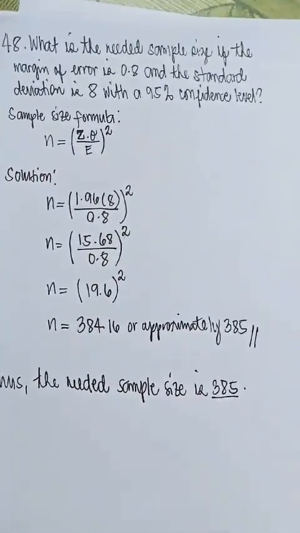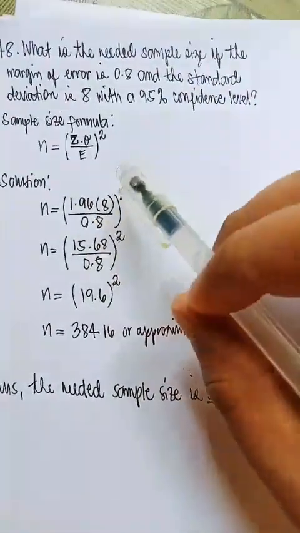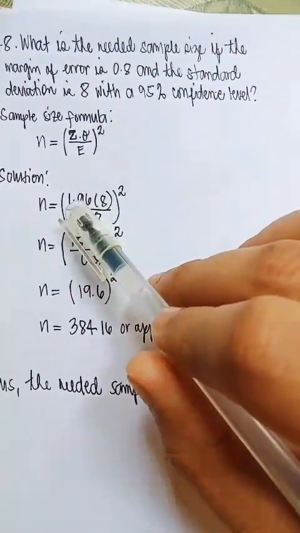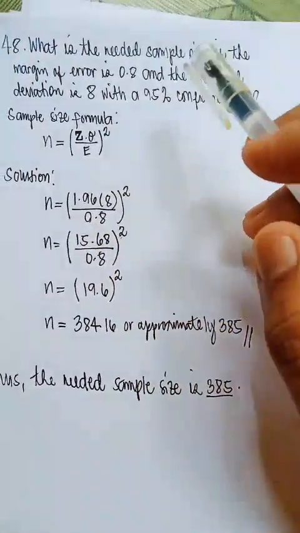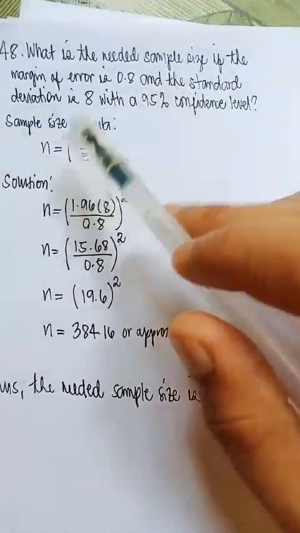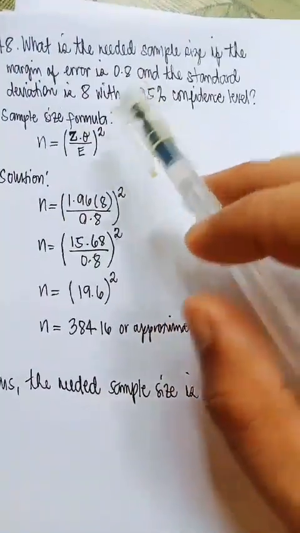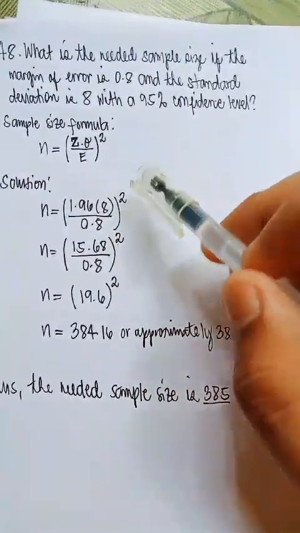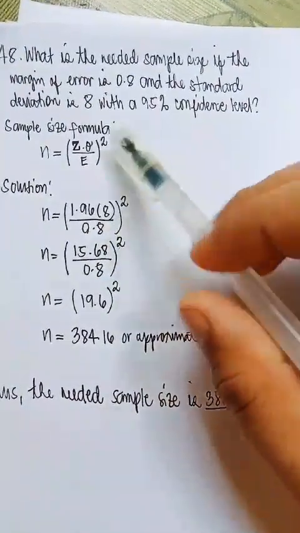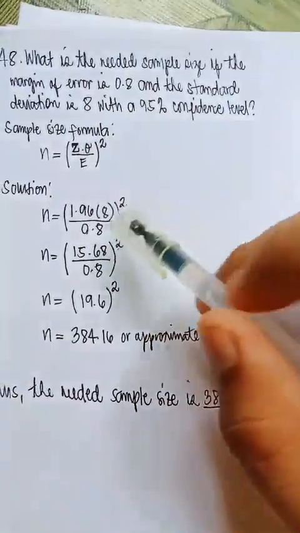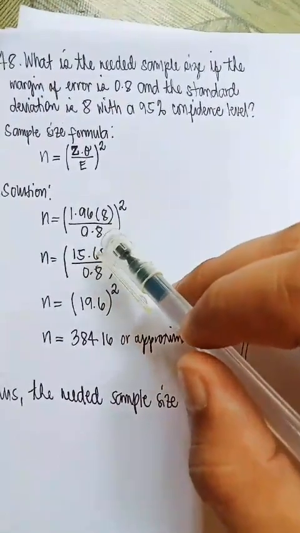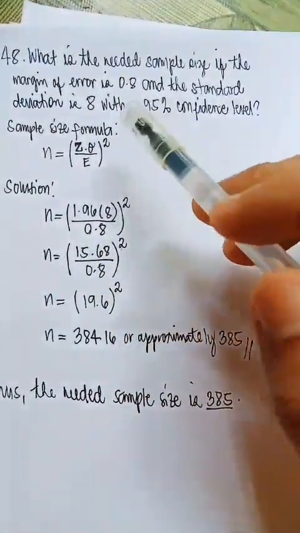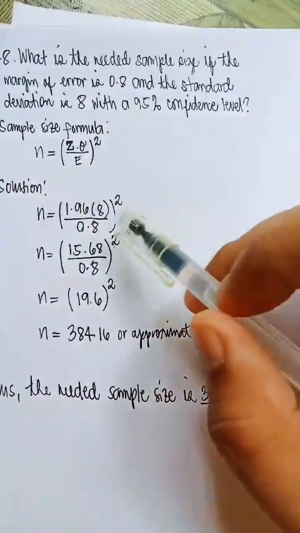That is why we have here 1.96, which is the value for our z, or the z-score, times 8, which is the standard deviation, over 0.8, which is the margin of error, raised to 2.